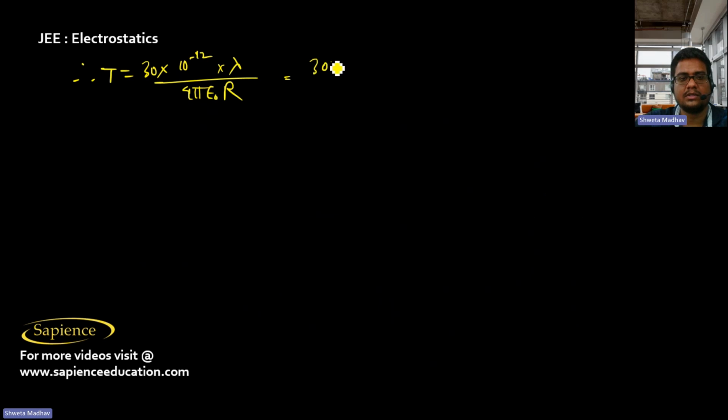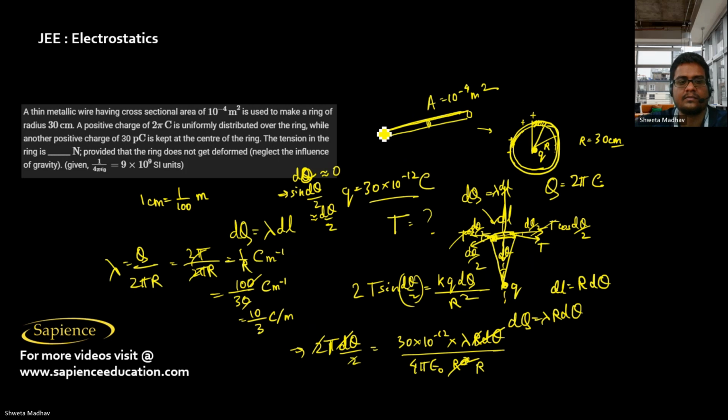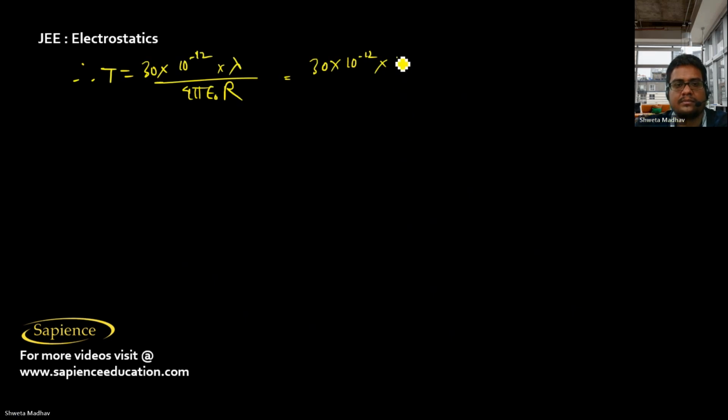Therefore this will be 30 into 10 power minus 12 into lambda, that is 10 by 3.